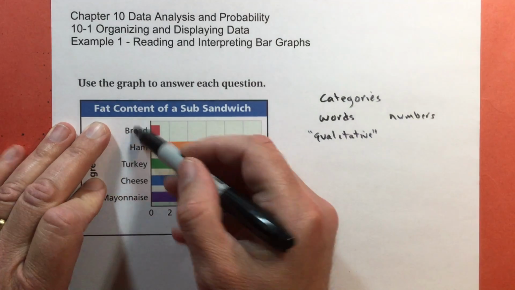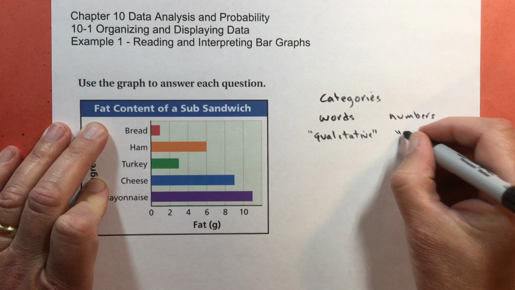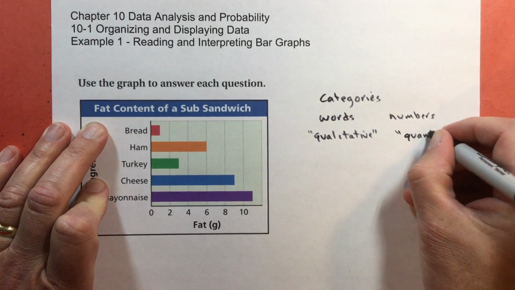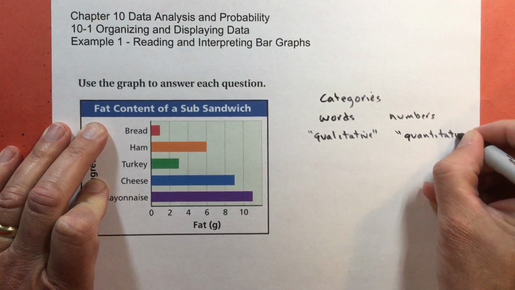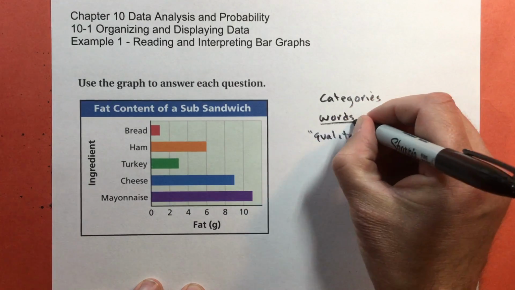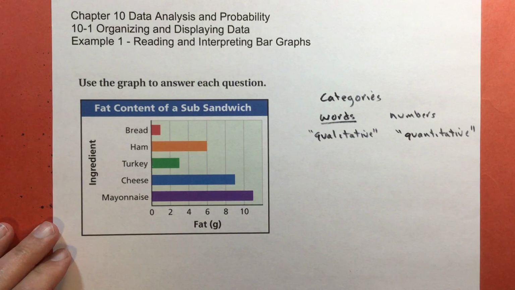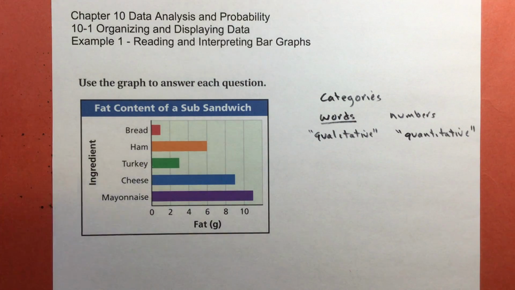So they can be either, in this case, nouns or adjectives that describe things. Numbers are what we call quantitative data, which just tells me quantities. Bar graphs usually use words. So like bread, ham, turkey, cheese, mayonnaise, those are words. They describe the categories of the food items you're going to find in this sub sandwich.